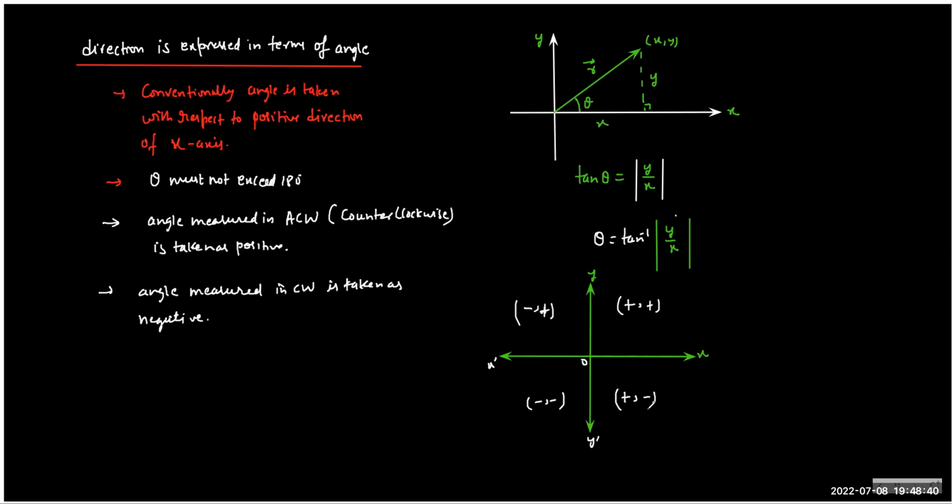So how to use these ideas to get the direction exactly? Let's take an example. We have a position vector R, which is obtained from two separate vectors, 3i cap and 4j cap. This we can simply represent in the first quadrant. Why? Can you see the coefficients of i and j?